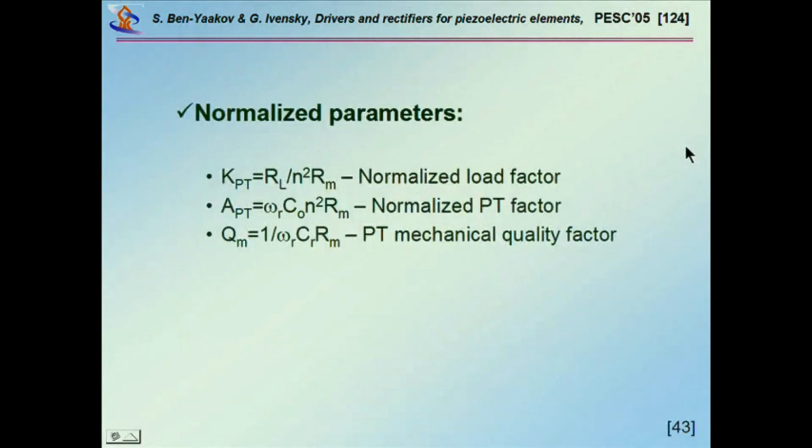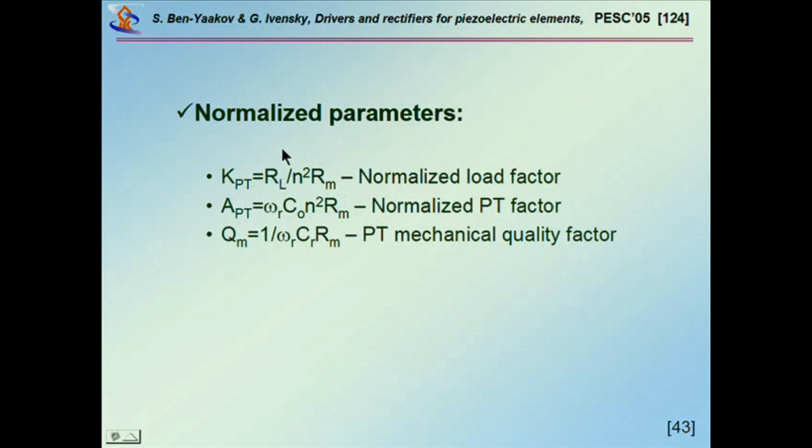Let me give you the bottom line of what you can do with this analysis to find out some general characterization of the different rectifiers. Again, we are going to define some normalized parameters, which are different from what I showed you before, for several reasons that I'll not go into.